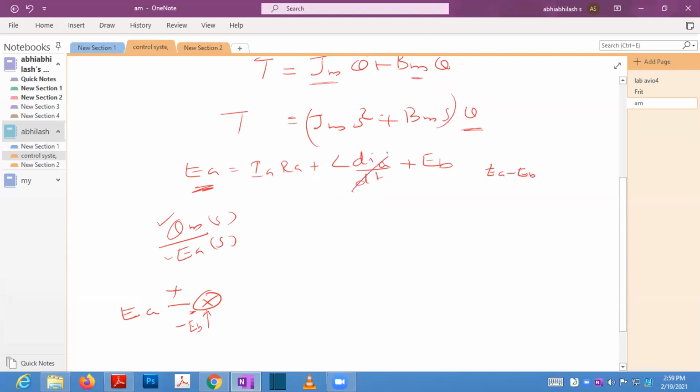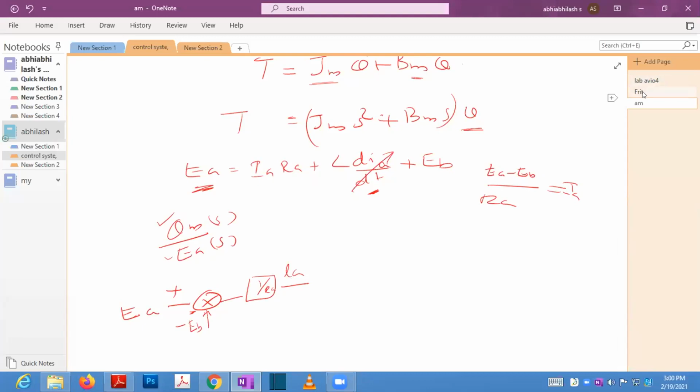This La dynamics you can neglect because it is an electromechanical thing. The electrical time constant is very much less than the mechanical, so this can be neglected. So this is equal to Ia into Ra. This divided by Ra will give you Ia. So Ea minus Eb is coming here, and that divided by Ra will give you Ia.